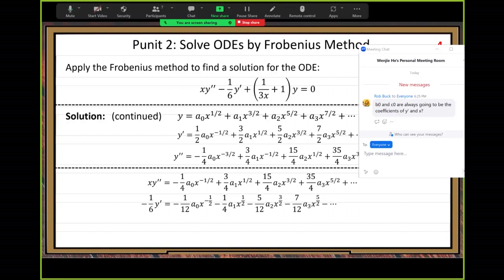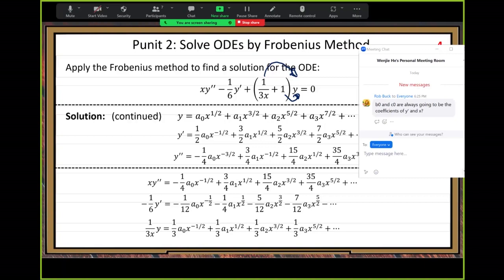The first time, we do the first term multiplied by y. The second time, we just copy the y power series.